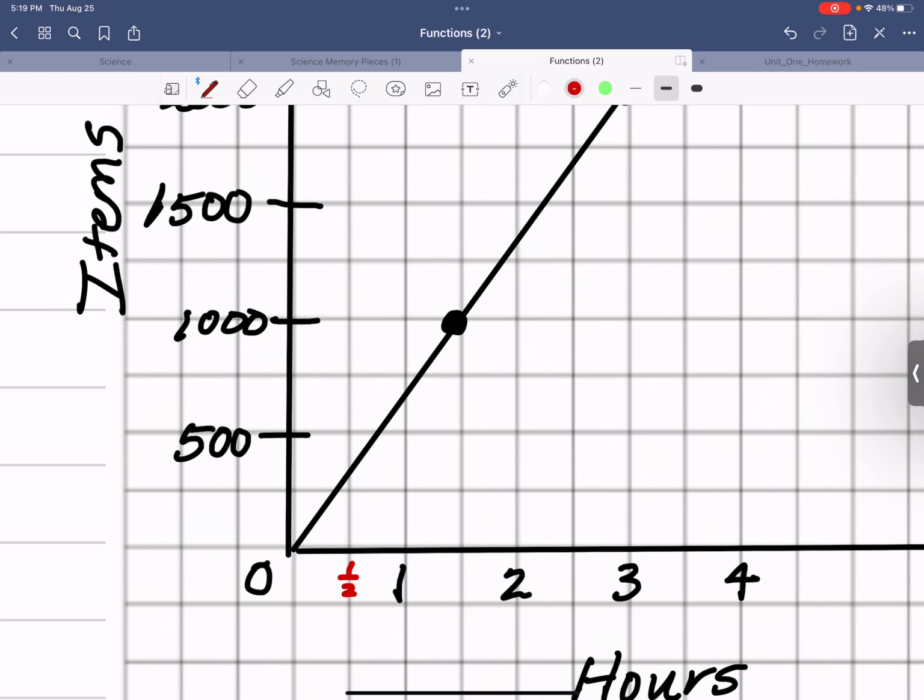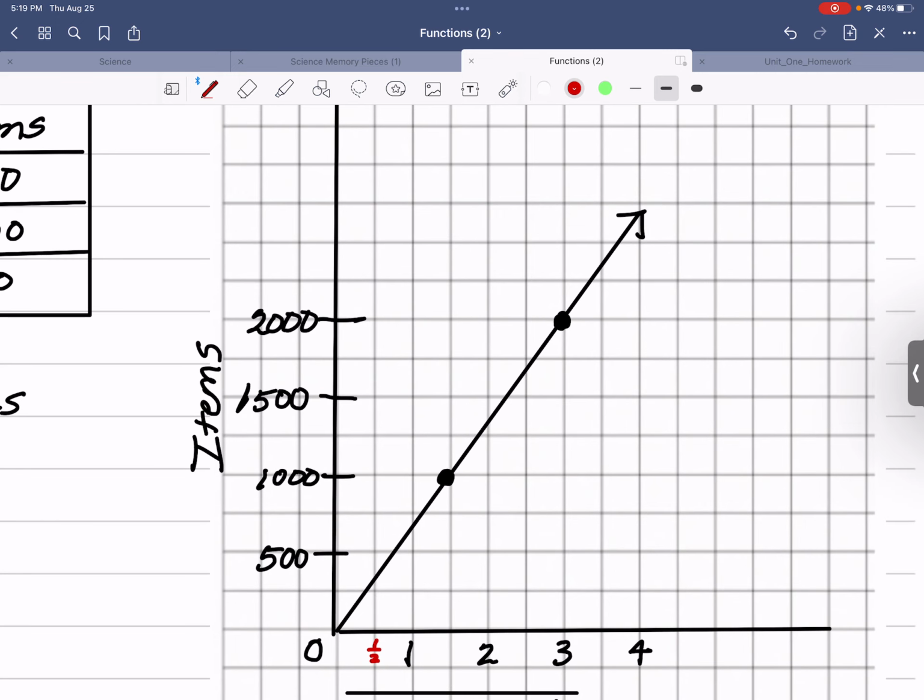So the bottom, the hours are scaled in half hours. The items are scaled. Every 2 boxes represents 500 items. So we're counting by 500s, but we're skipping 2 boxes each time.